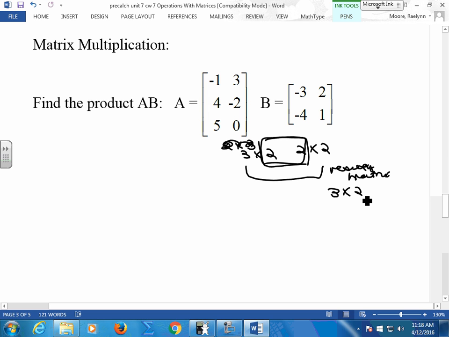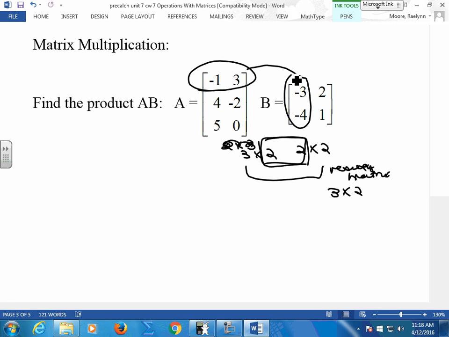Now, this is how we multiply. We take the first row and multiply it by the first column, element for element. I like to write these out so you see them. So I multiply -1 times -3, plus 3 times -4.